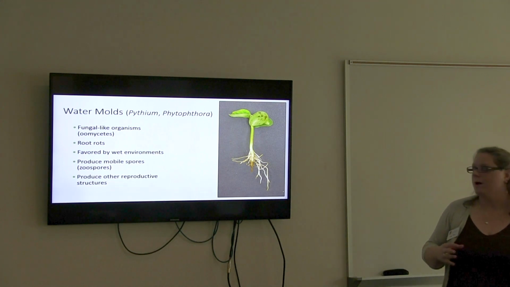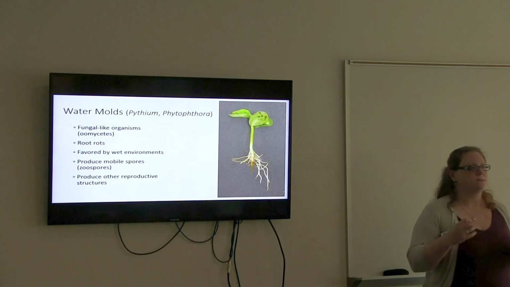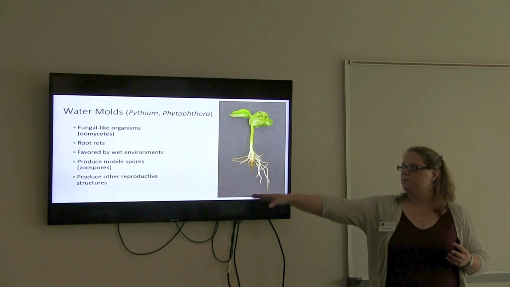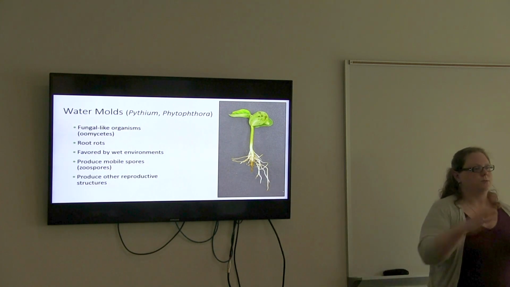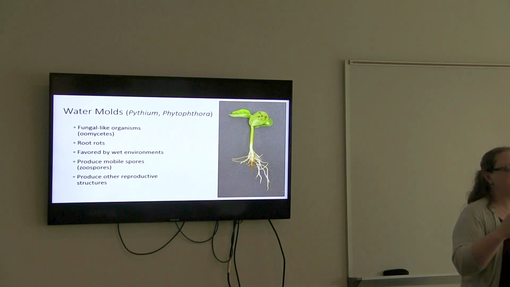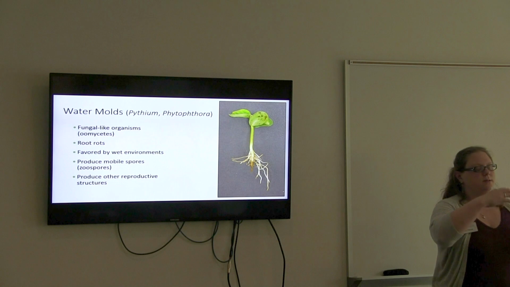So again, those wet environments. The reason that these are so favored by the wet environments is that they have mobile spores, which is kind of unusual. But they have these mobile spores, these zoospores, that are produced from sporangia, and if the video works, you'll get to see them move. But basically, you have these asexual structures, and these sporangia are these.